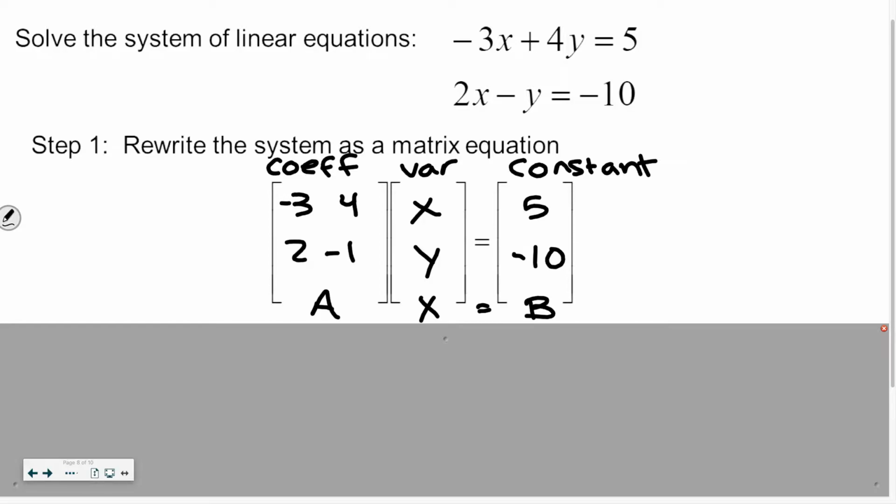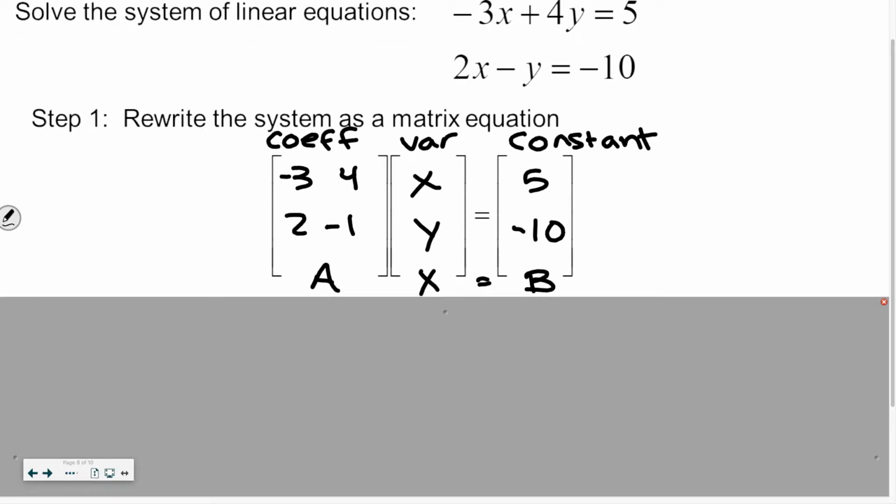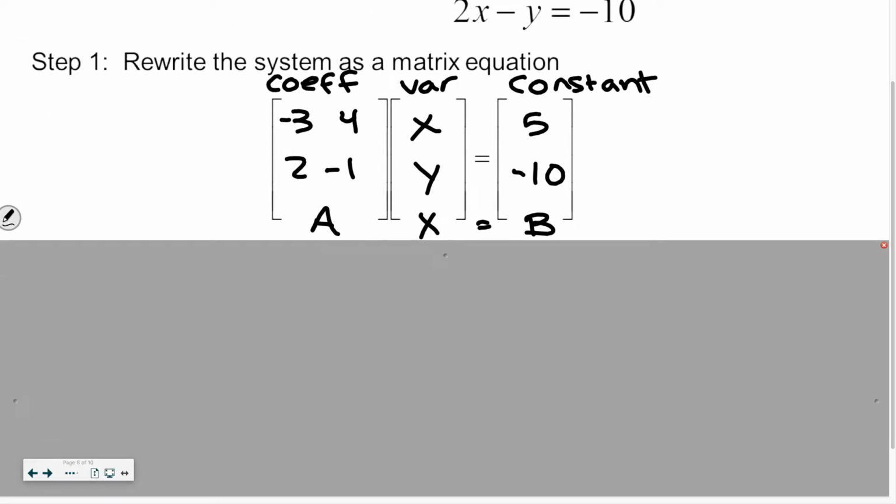Okay, what are we going to need in order to be able to solve for x? We're going to need the inverse. So let's do the work for the inverse matrix. That's the inverse of A. So this is going to be 3 minus 8, which is negative 5.